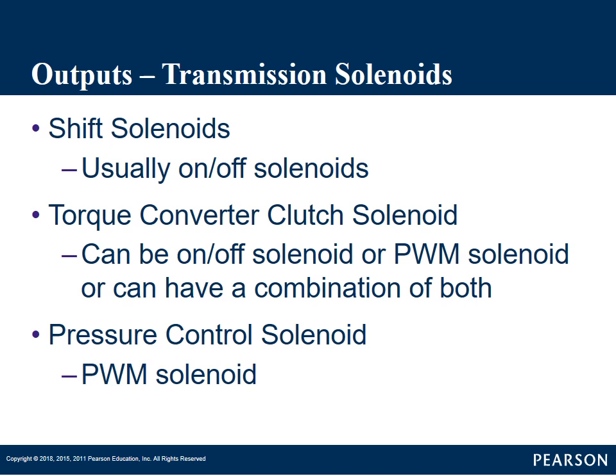There are some systems where you have a combination of an on-off solenoid and a pulse width modulated solenoid. The on-off solenoid would engage to allow hydraulic pressure to the pulse width solenoid, and then the pulse width solenoid would actually be used to control the torque converter clutch.